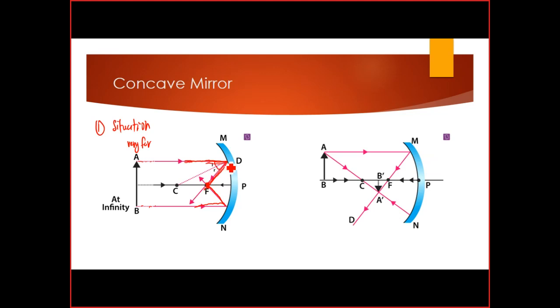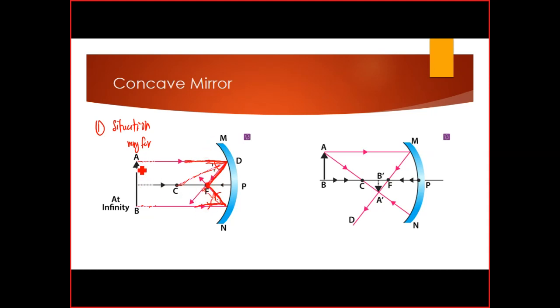This is going here, this is going here. This is the geometry that I mentioned just now. And the same is going to happen down here. It's going this way, going back this way. So the angle of incidence and angle of reflection will always bring it to point F.